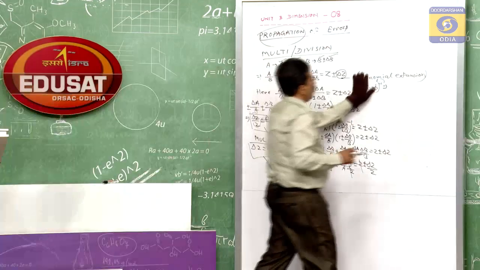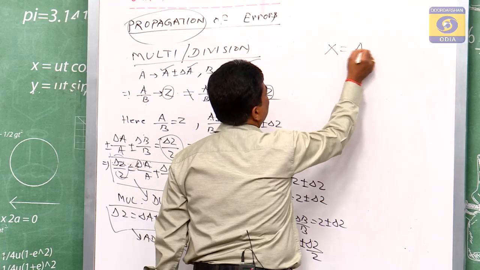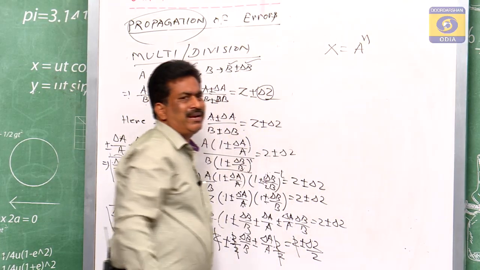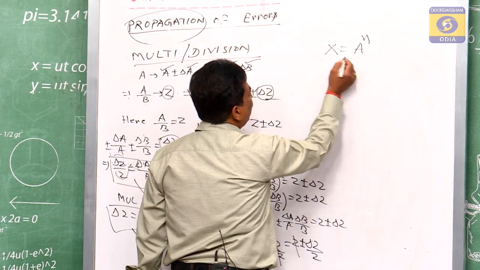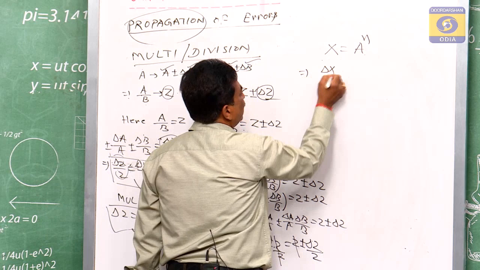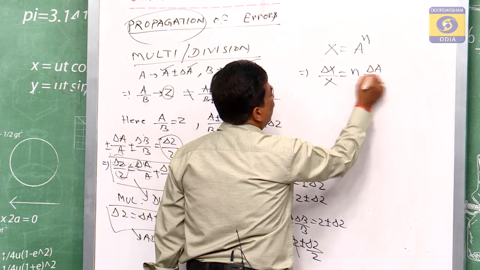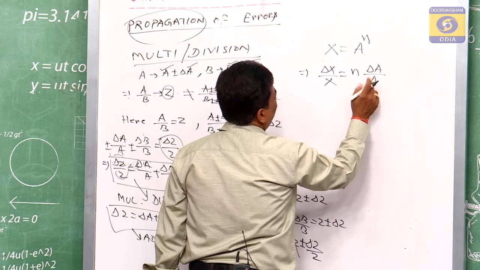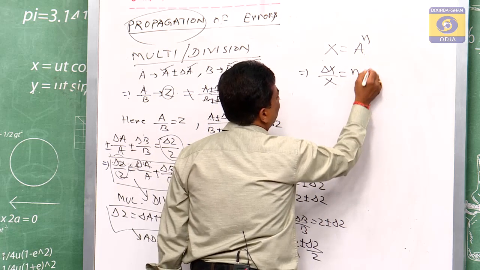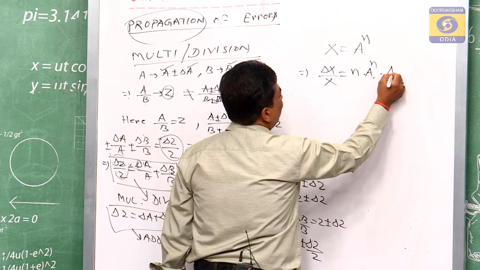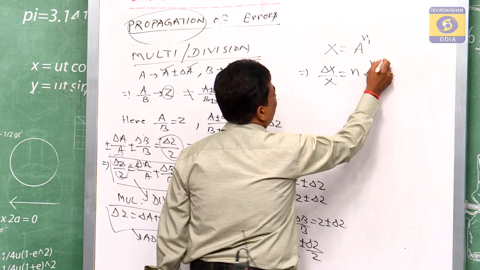And another thing is, if some quantity x is equal to a to the power of n, with some power there, then in that case, if we differentiate on both sides, then del x by del a is equal to n into a to the power of n minus 1.